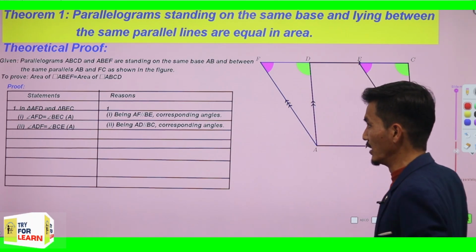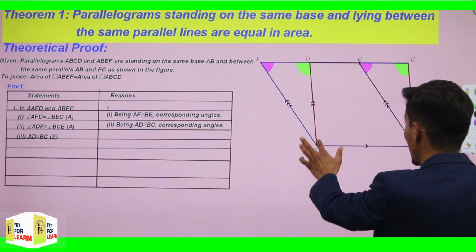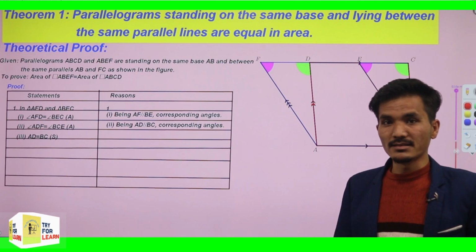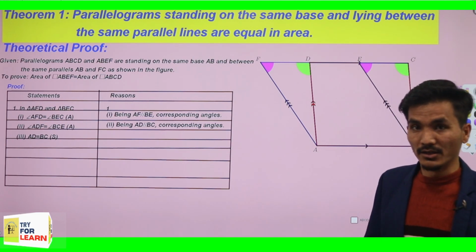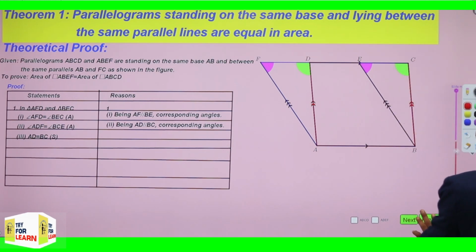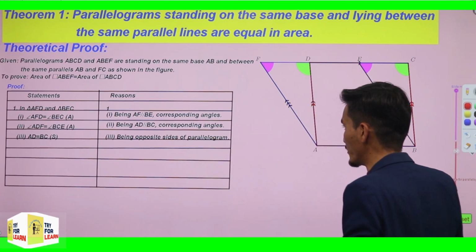Also you see here, side AD is equal to side BC because these are the opposite sides of a parallelogram. Opposite sides of a parallelogram are equal, so the reason is opposite sides of a parallelogram.